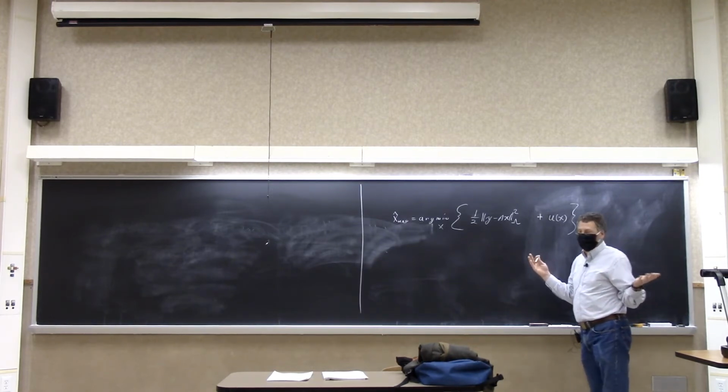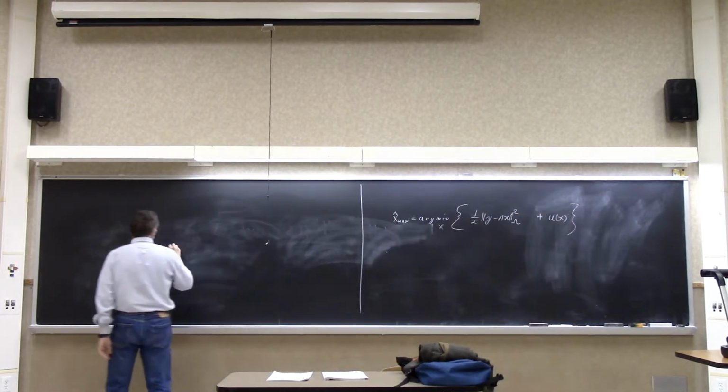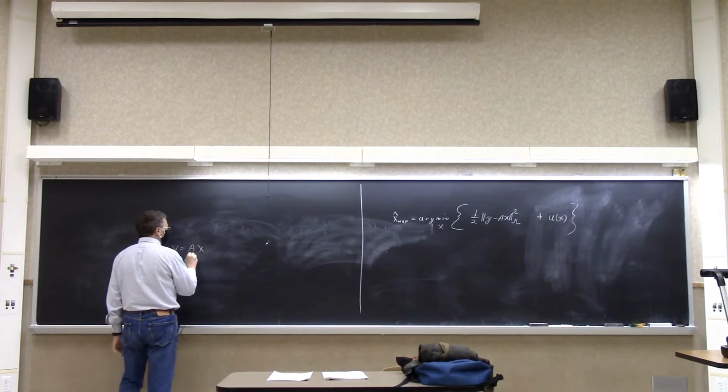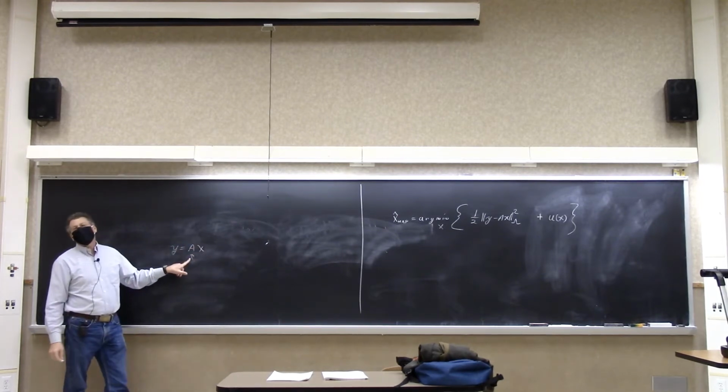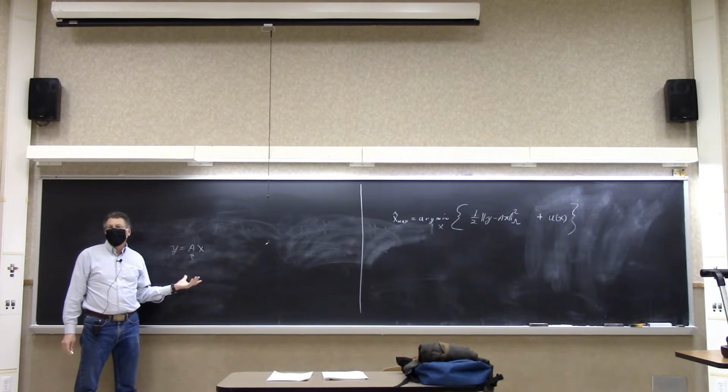So y equals Ax, I write A, but I almost never really try to store A directly. The only times you would maybe store A is because A is almost always very sparse.